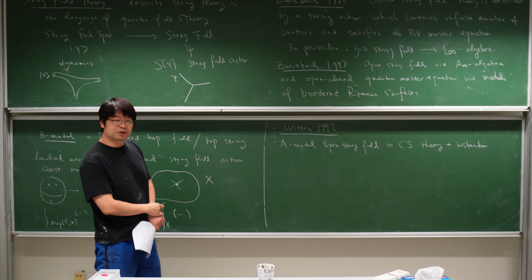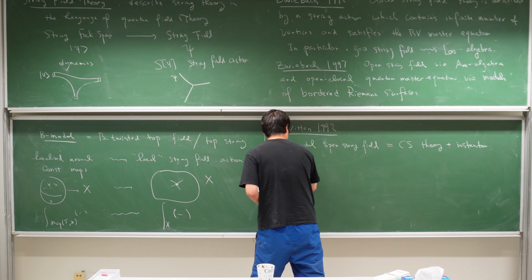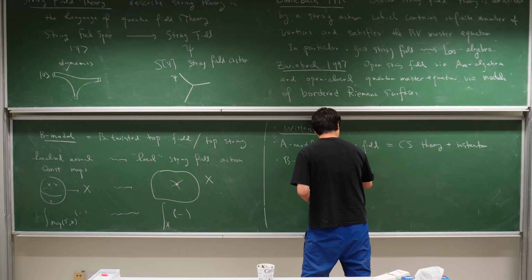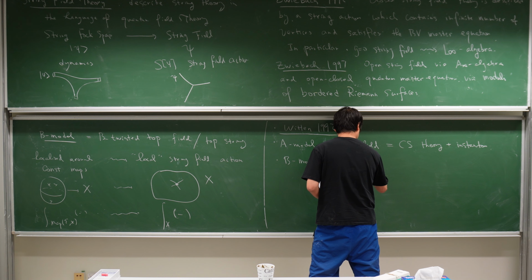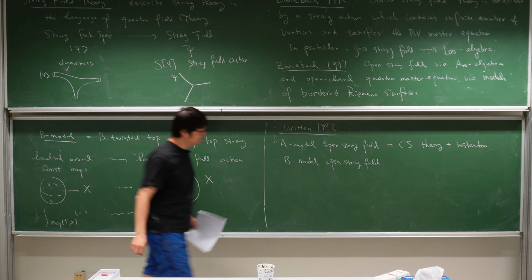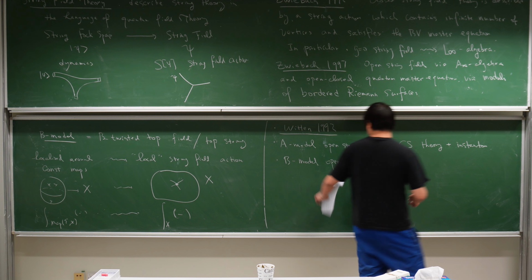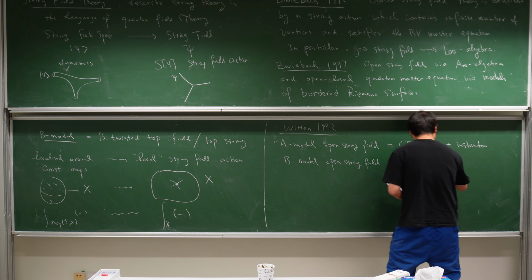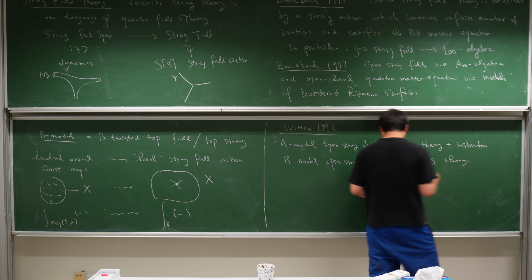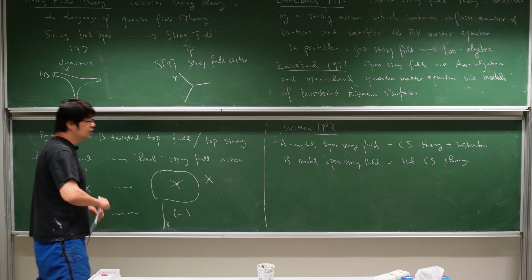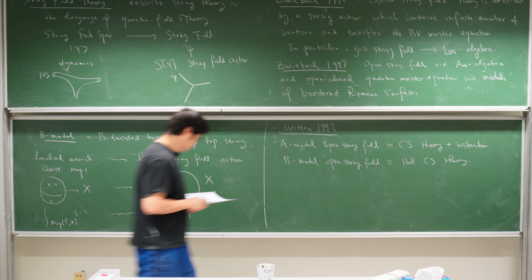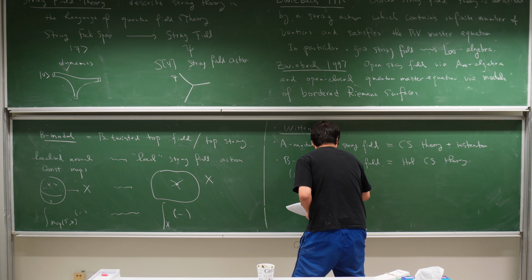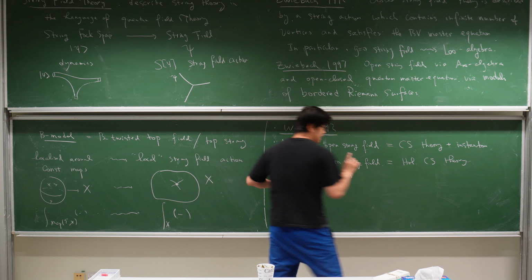He also described the B model closed string field theory in the same paper. This is the place where he proposed this holomorphic Chern-Simons as the corresponding B model open string field theory. We will describe this later. And it actually also speculates that the theory actually has to be UV finite.